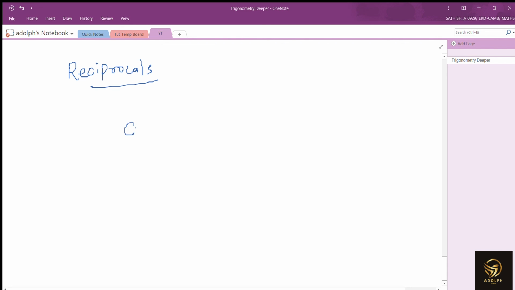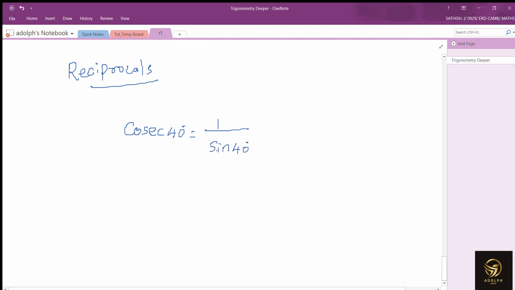Suppose in a question they ask what is cosecant 40°. You will not have a cosecant button on the calculator, and even if you haven't studied what cosecant 40 is, don't panic. Just think about what cosecant is. Cosecant is the reciprocal of sine, that is 1 by sine theta, so the value is 1 by sine 40.